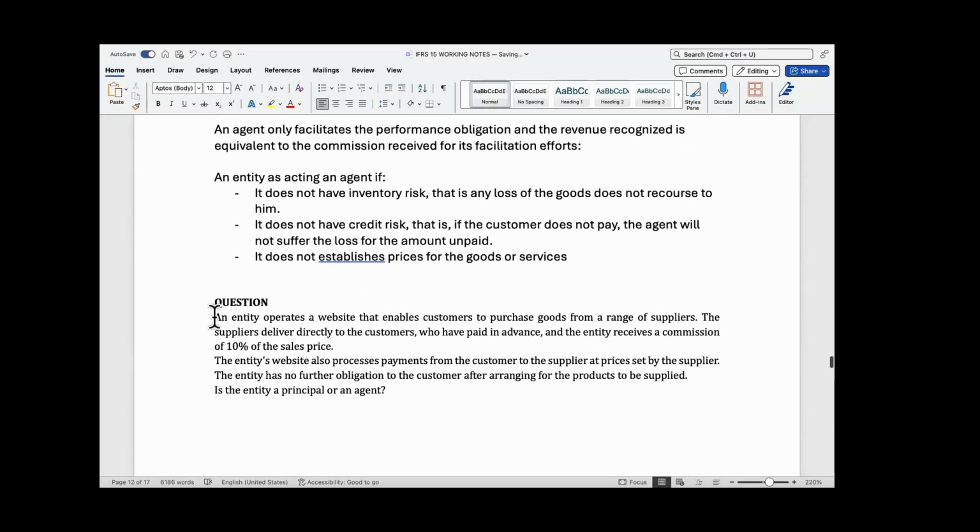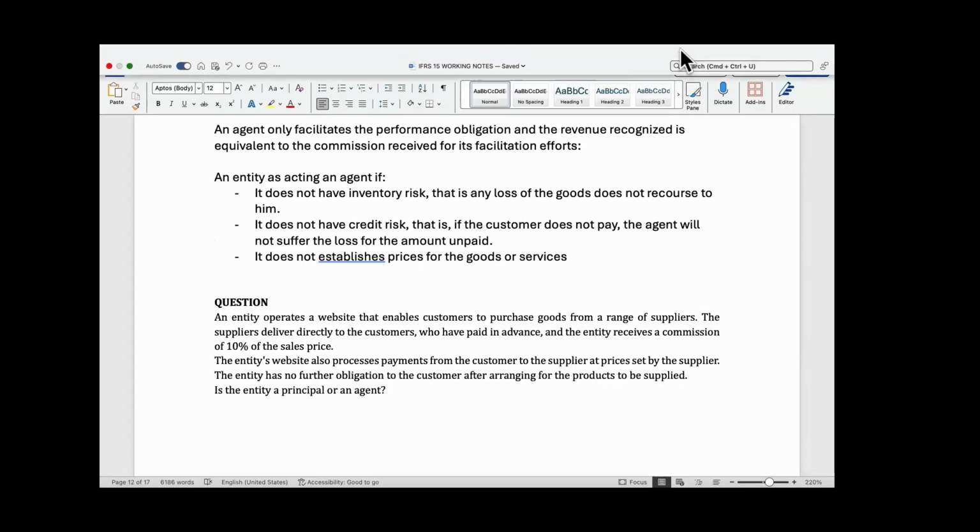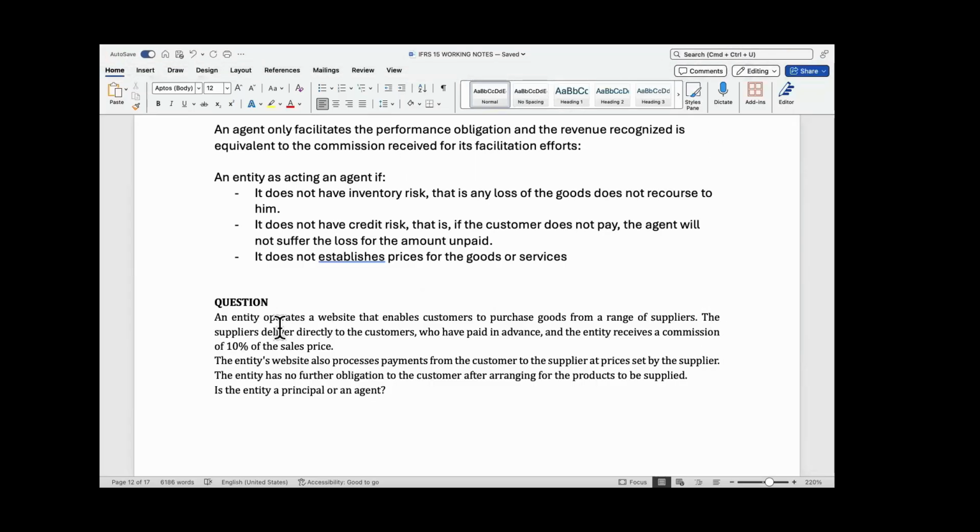An entity operates a website that enables customers to purchase goods from a range of suppliers. The suppliers deliver directly to the customers who have paid in advance, and the entity receives a commission of 10% of the sales price.